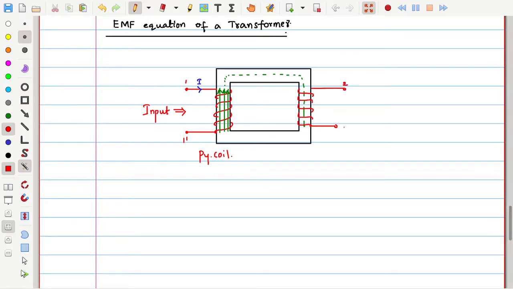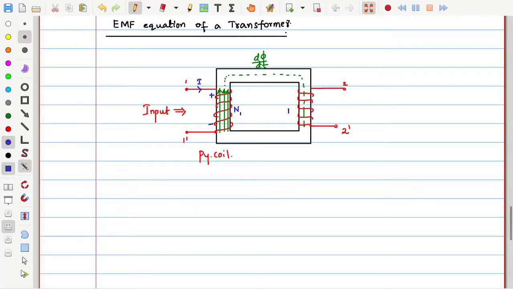So if this is 2 dash, now you should observe the interesting thing: the rate of change of the flux lines, that is d phi by dt. Once we know the rate of change of the flux produced by this primary coil, then I can say the induced EMF inside coil number 1 will be that rate of change of flux into the number of turns of the primary coil, N1.